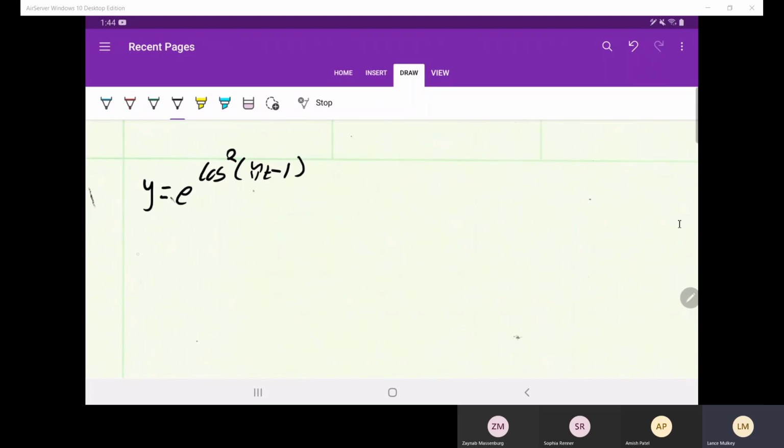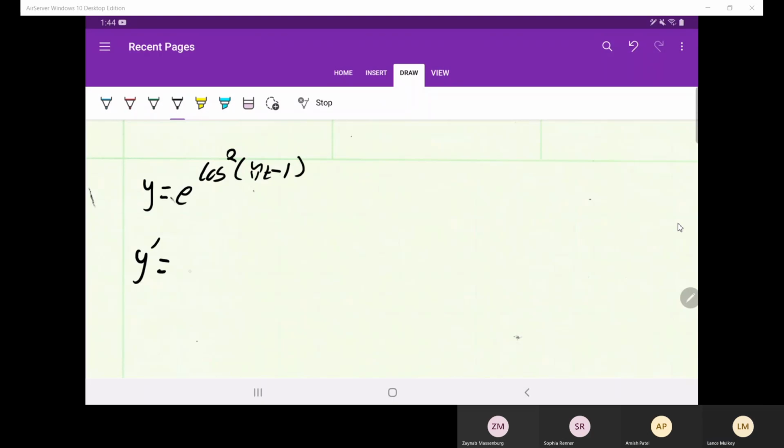Any ideas on how to solve this one? Well, if you do either f of x is f prime of x, kind of sort of the same thing.